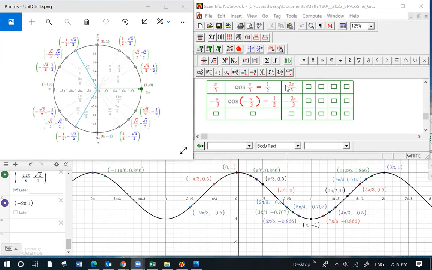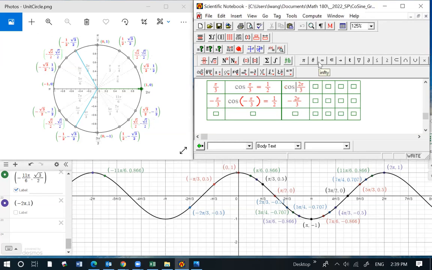So I'm going to write it over here. Cosine 2 pi over 3 is negative half, and the other one is also negative half.